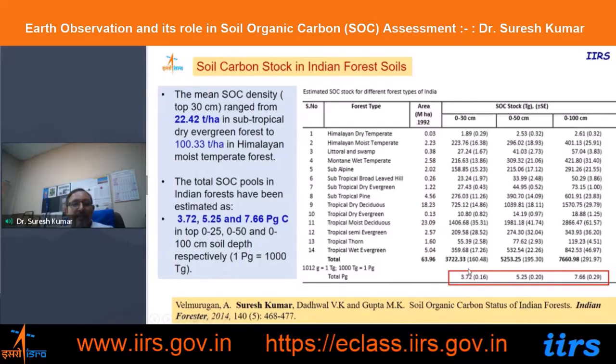You can find the details in the research paper published by our department in Indian Forester in 2014. These are the latest figures estimated in the country for the carbon stock present in the soils, because we conducted this project for the Ministry of Environment and Forest, in collaboration with Forest Survey of India, to find out how much soil carbon stock is present in our Indian soils.